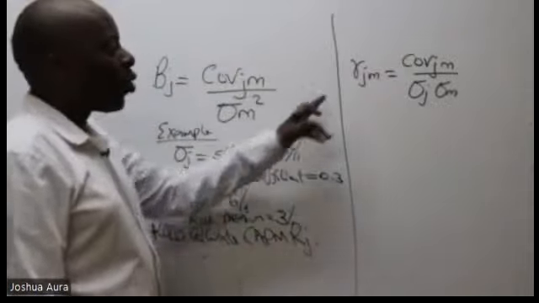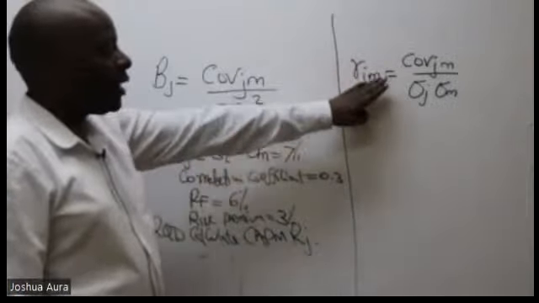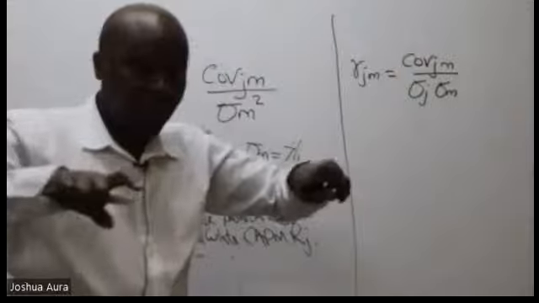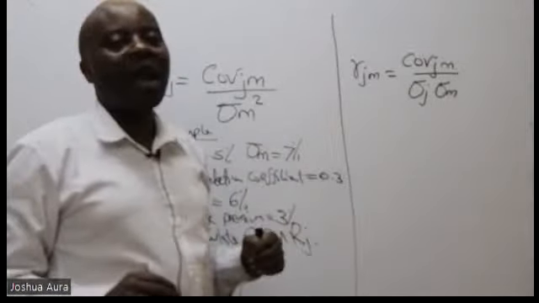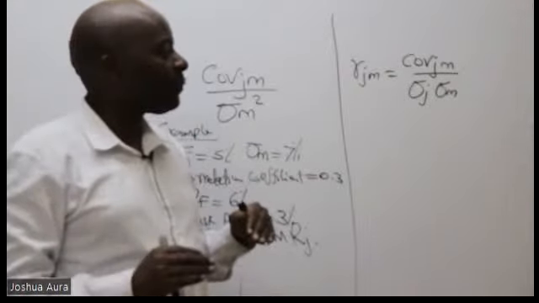So please write this in full. This is the correlation between J and M. You take the covariance between the two, and then you divide by their standard deviations multiplied.